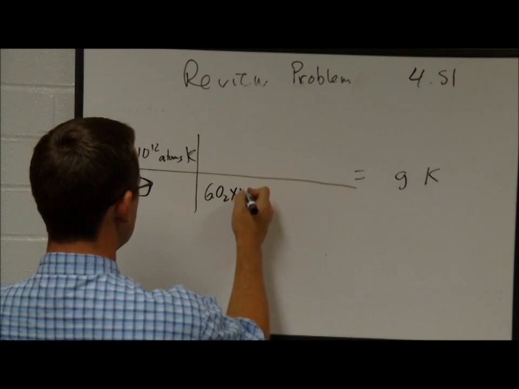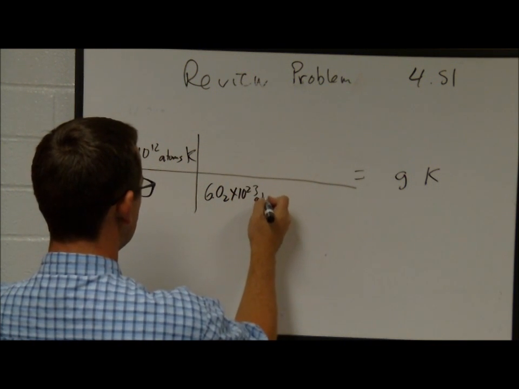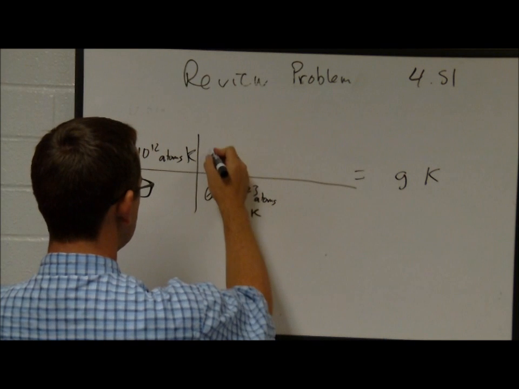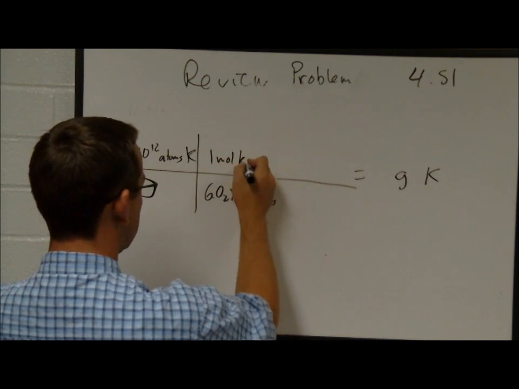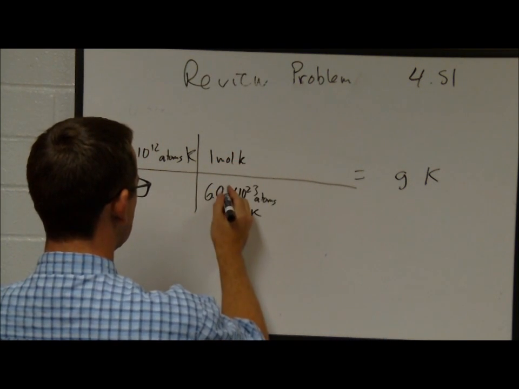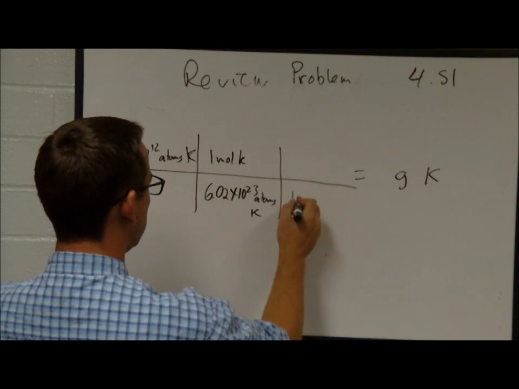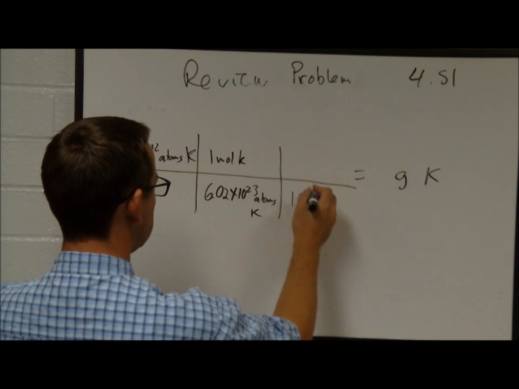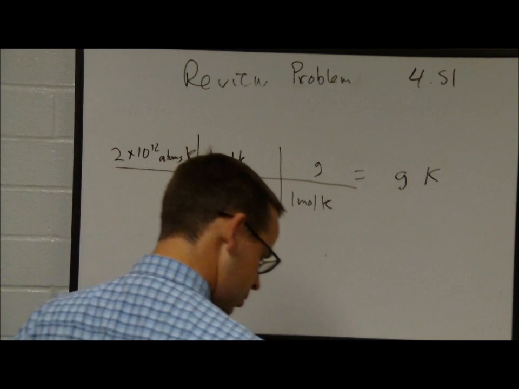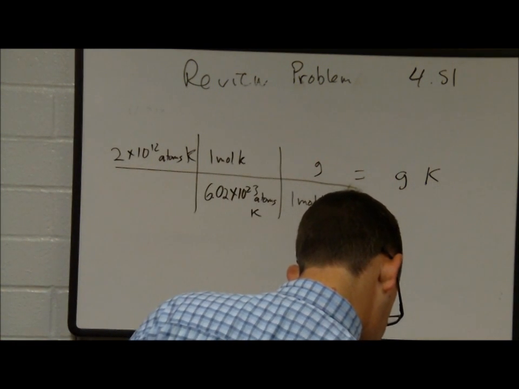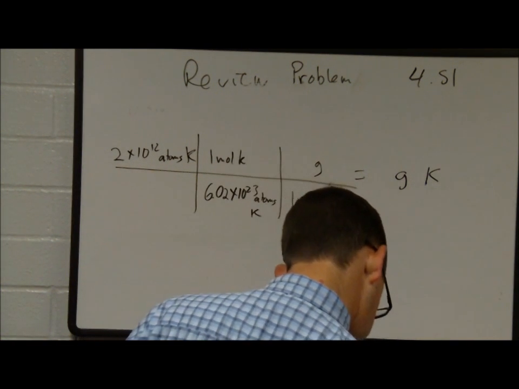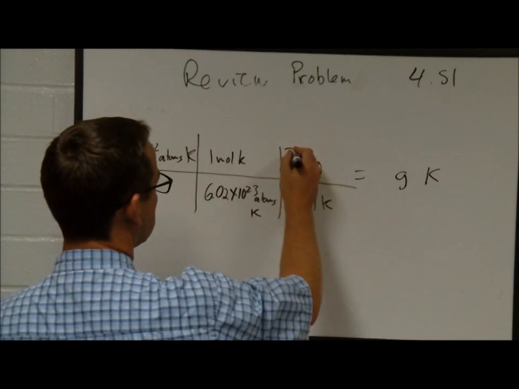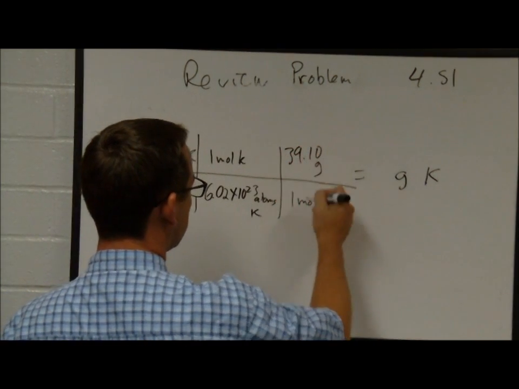All right, so 6.02 times 10 to the 23rd atoms of potassium is the same as 1 mole of potassium. And 1 mole of potassium, I know how many grams that is. I can look on the periodic table. Potassium, the bottom number, 39.10 grams for every mole.